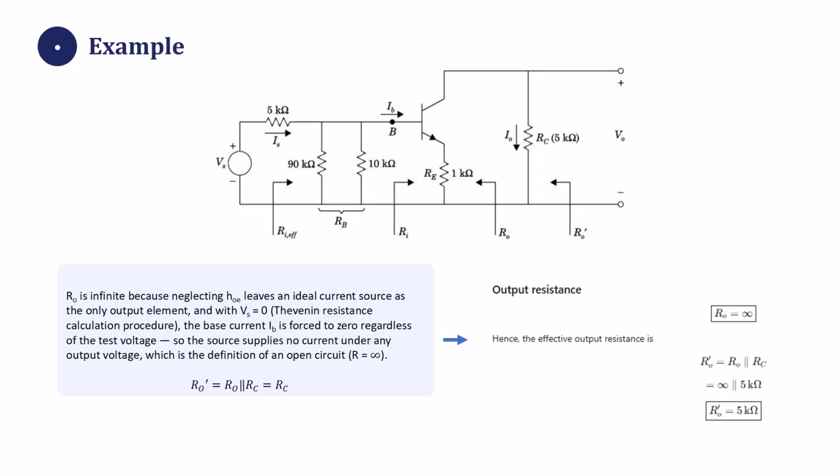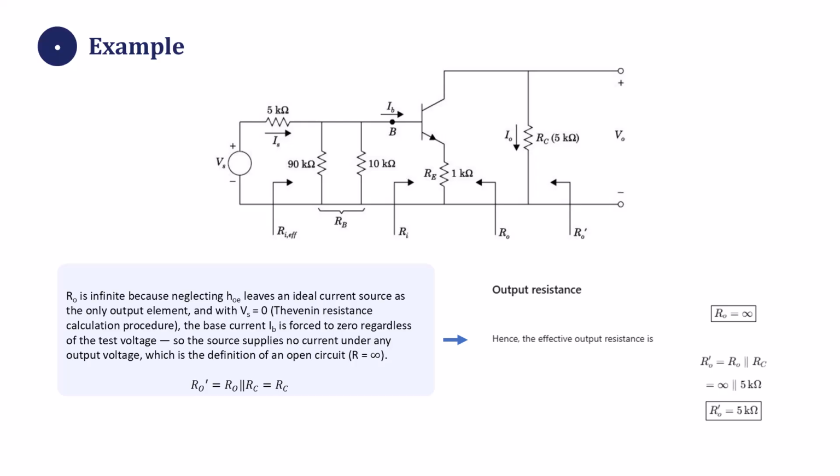To finish, let's confirm the output resistance for this specific example. As before, RO is infinite because neglecting HOE leaves an ideal current source as the only output element. And with Vs set to 0 for the Thevenin resistance calculation, the base current IB is forced to 0 regardless of the test voltage.